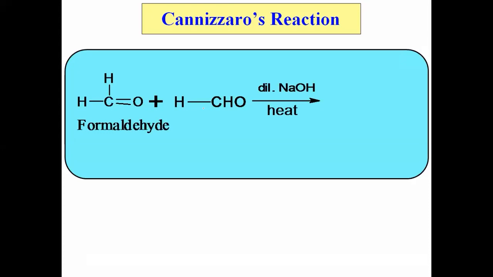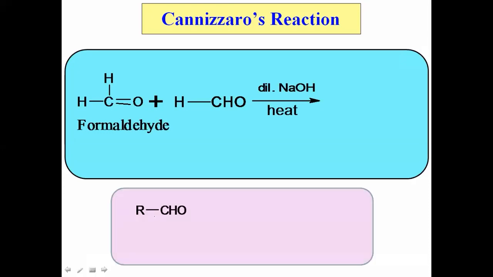What is the general trend for the oxidation and reduction of an aldehyde? On reduction, addition of hydrogen takes place. In the CHO group, addition takes place. One hydrogen adds to carbon, the second hydrogen adds to oxygen, and we get RCH2OH, a primary alcohol. This is the general trend.